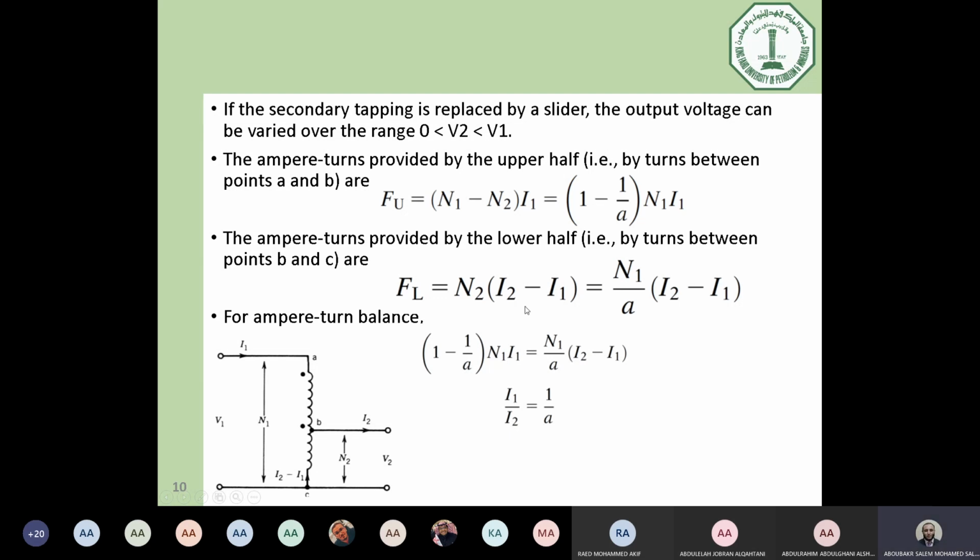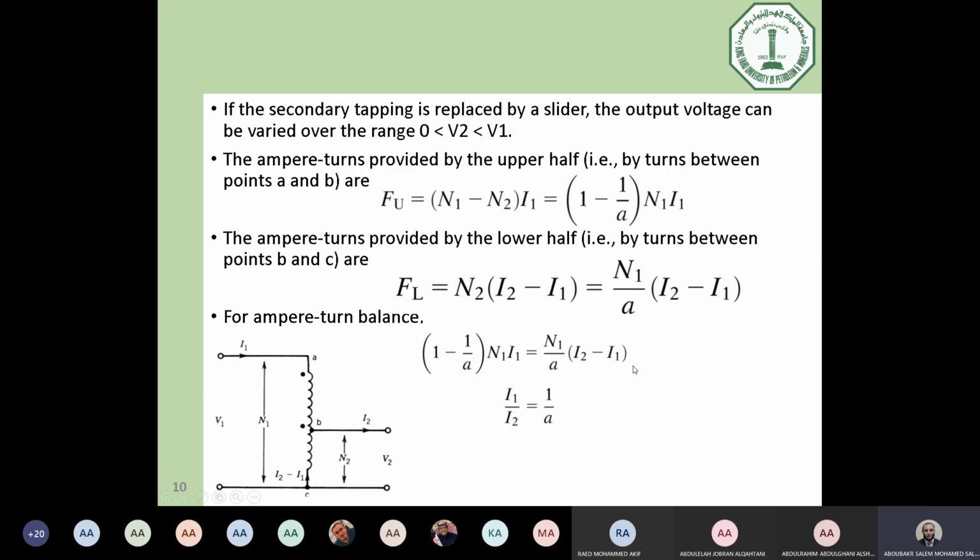If we make a balance for the ampere-turns in this transformer, both relations are equal. So we can make F upper equal F lower, and hence (1 minus 1/A) multiplied by N1 I1 equals N1 divided by A multiplied by (I2 minus I1).